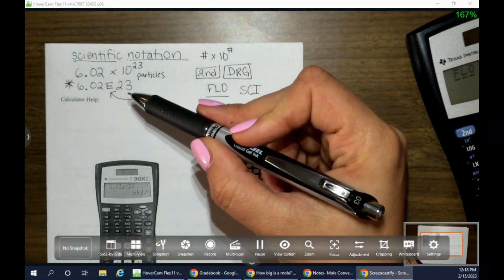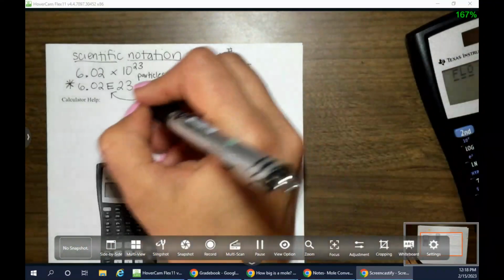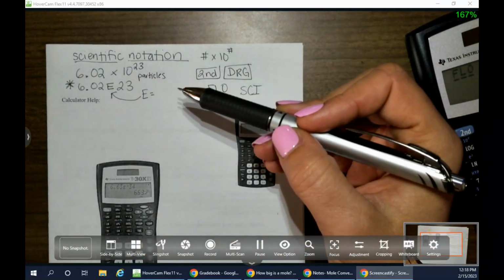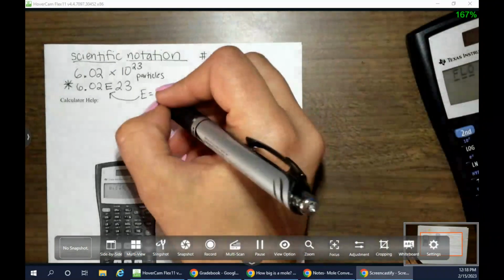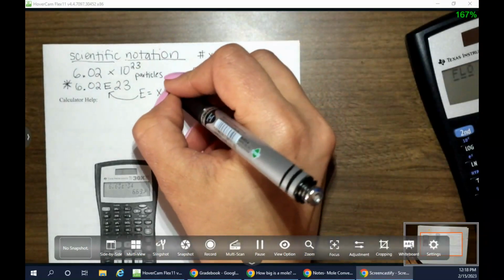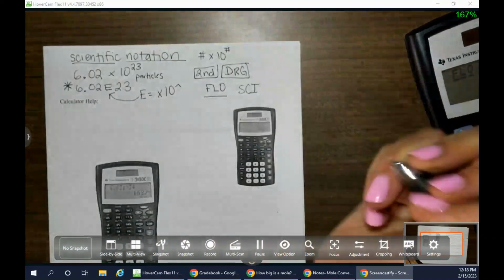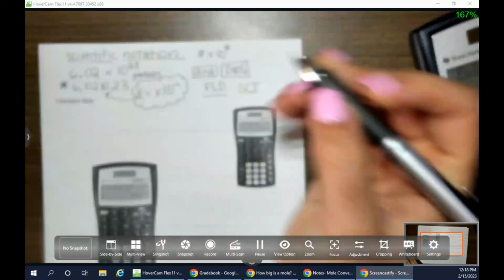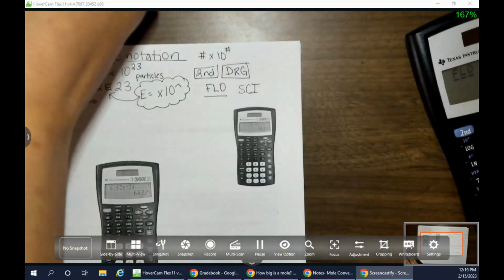What did that E just take the place of? What does E represent? Times 10, and then some sort of an exponent. So E, you're going to be using it for times 10 to something.